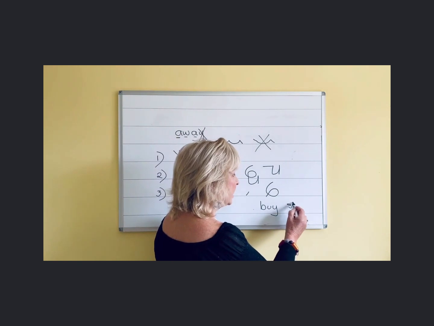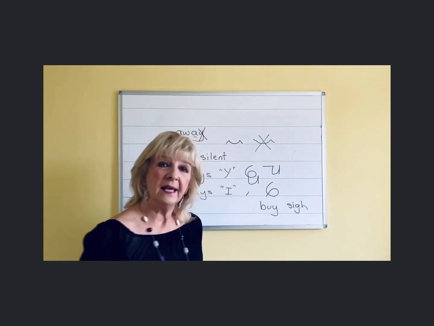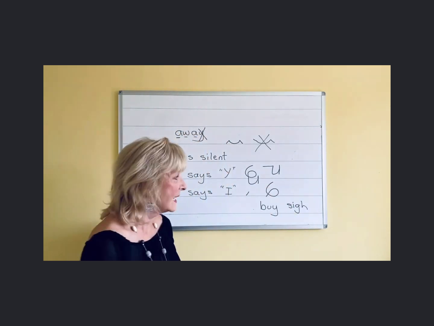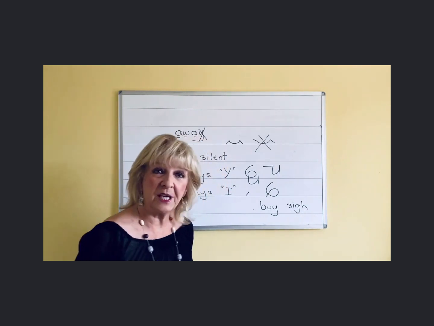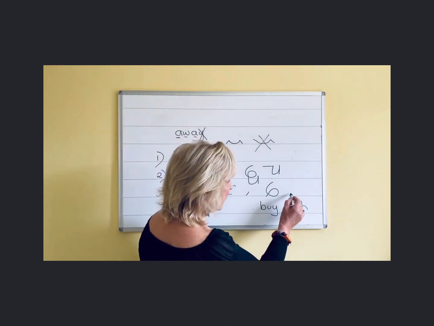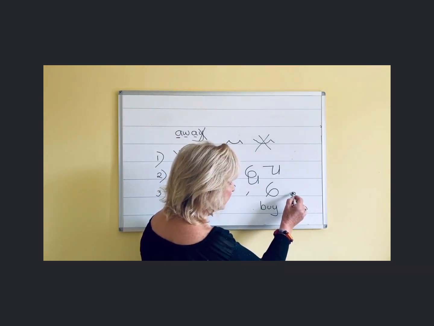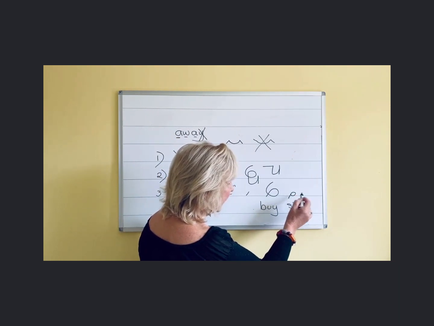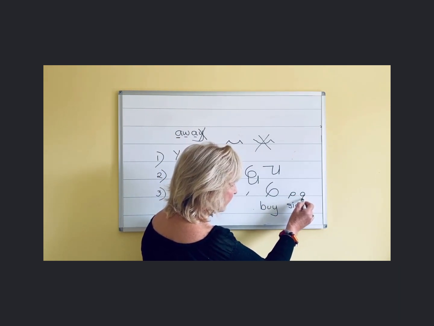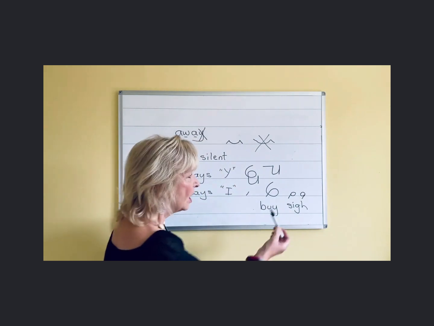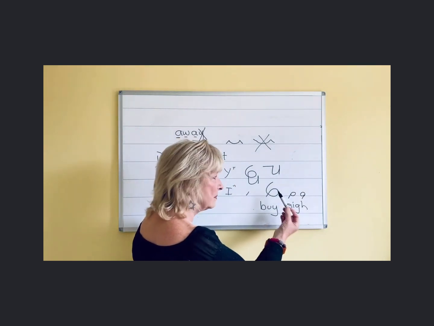If this is making you sigh, have a go at that one. S and I, because of course the GH are silent letters. So S, I do anti-clockwise, and then the I. You might have gone clockwise and then the I. Both are correct. But we read from top to bottom, left to right.